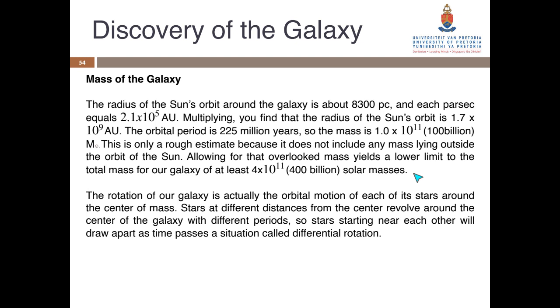solar masses. The rotation of our galaxy is actually the orbital motion of each of its stars around the center of mass. Stars at different distances from the center revolve around the center of the galaxy with different periods. So stars starting near each other will draw apart as time passes, a situation called differential rotation.